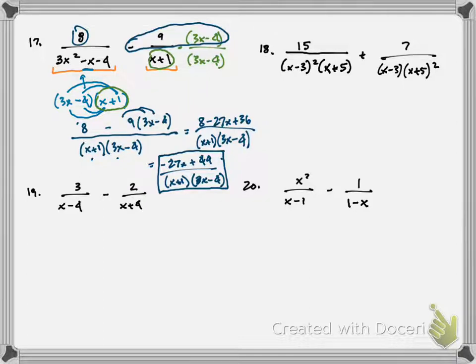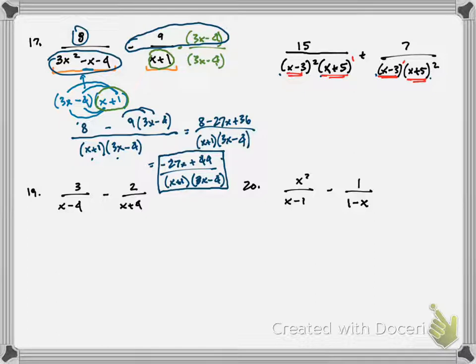Number 18, you can see that the denominator is already in factored form, whereas over here we had to do a little bit of factoring first. What I want you to notice is what's key here: in this case the x minus 3 is being squared. In this case it's x minus 3 to the first power. In this case it's x plus 5 to the first power, and over here it's x plus 5 quantity squared. So in order to get a common denominator, we have a little bit of work to do.